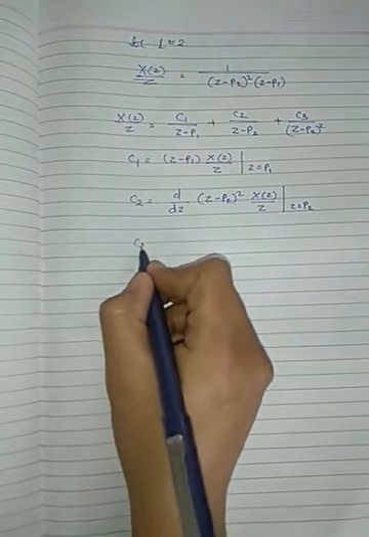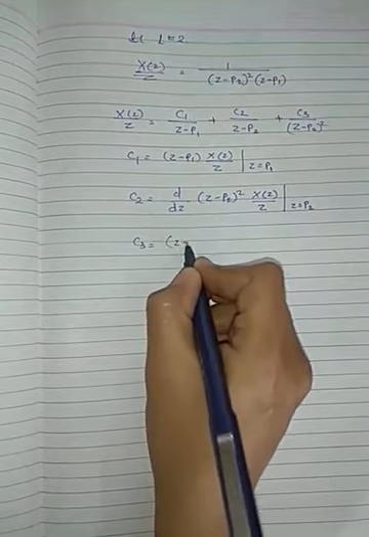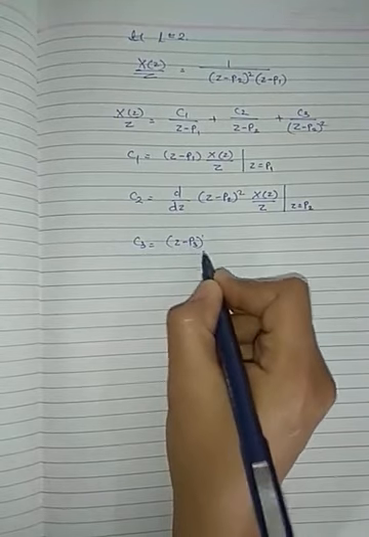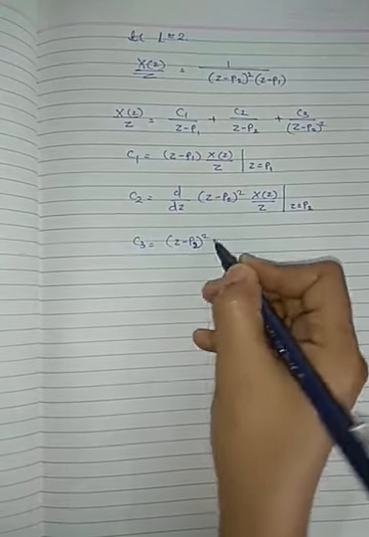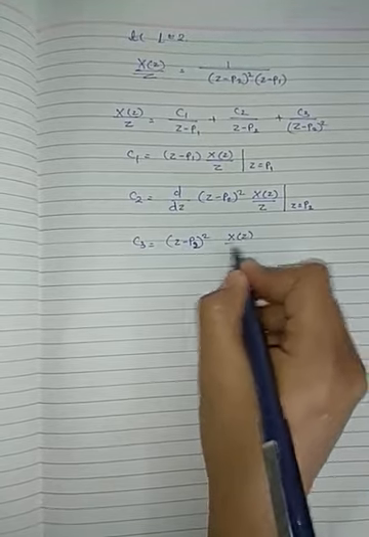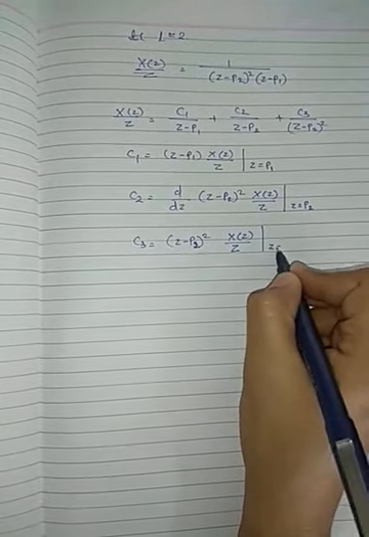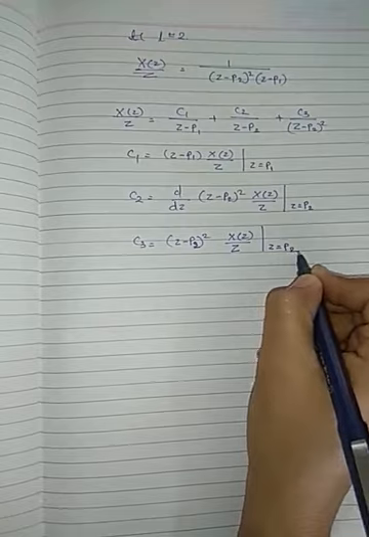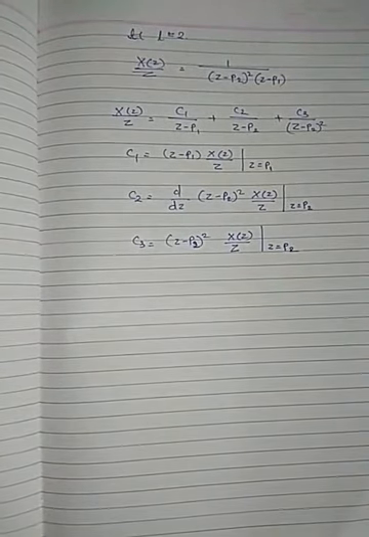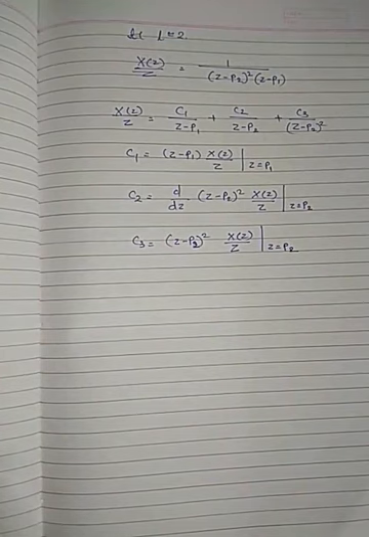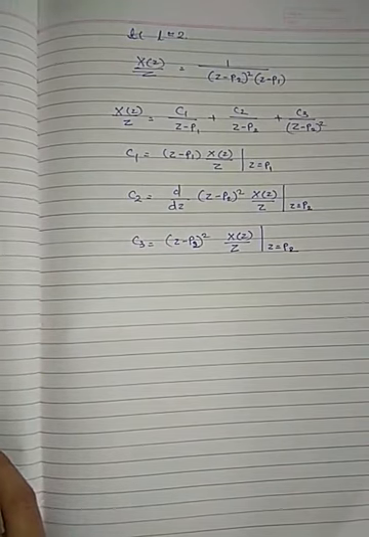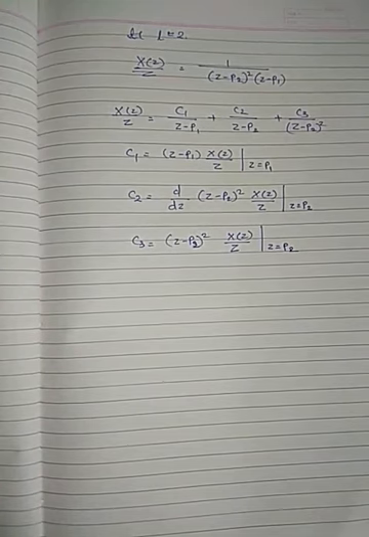And what is c3? c3 is (z − p2)² X(z)/z at z equal to p2. In this way we can find c1, c2 and c3. We can find the complex poles of the partial fraction by using the same method.